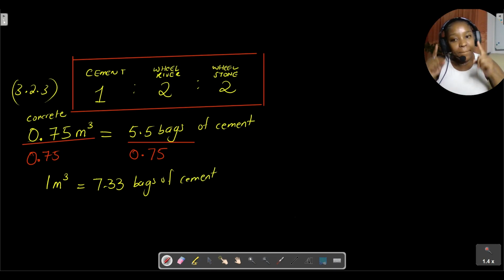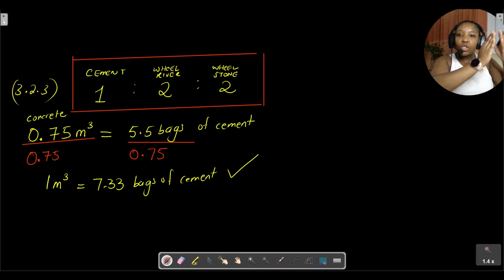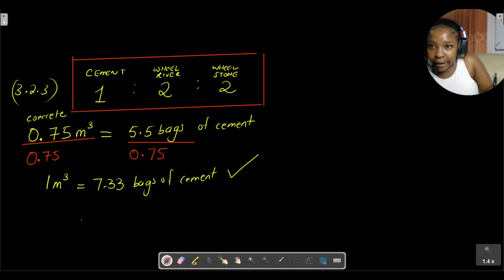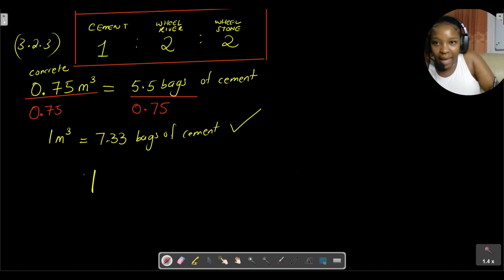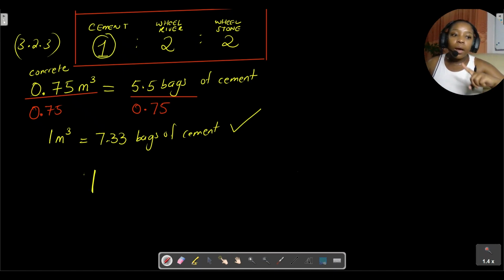1 meter cubed of concrete needs 7.33 recurring bags of cement. Once we have this, our life is now easy. We are just going to use this ratio to help us determine how many wheelbarrows of river sand we need. The ratio is 1:2:2. If I need 1 bag of cement, the wheelbarrows need to be double the cement.